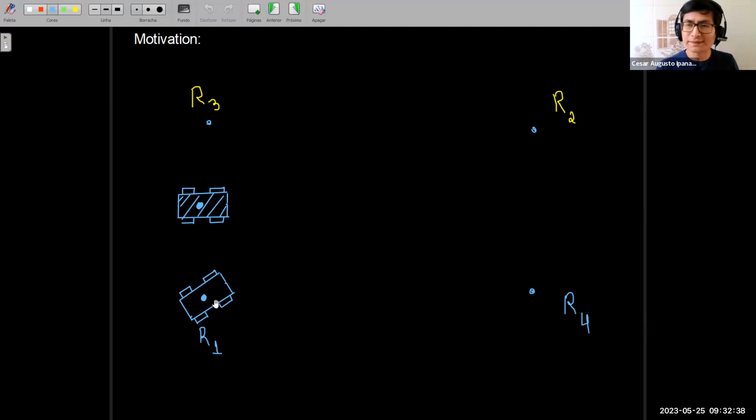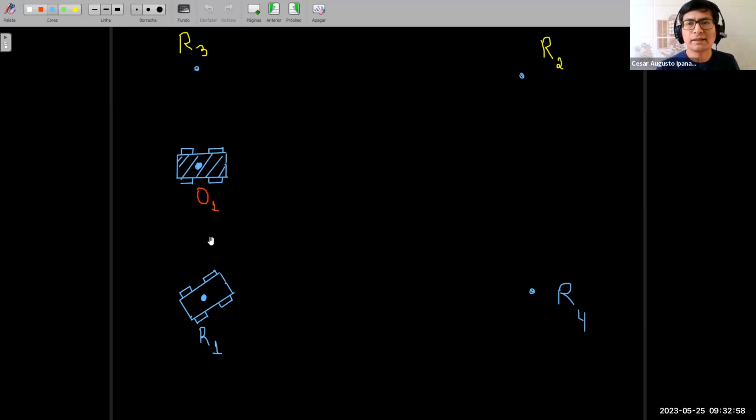And how is the complexity for this problem? We will see later that the complexity is 1, but this is a particular situation. I will change it a little. Now we are looking for an algorithm where the input is the initial position of our robot and the initial position of this obstacle.